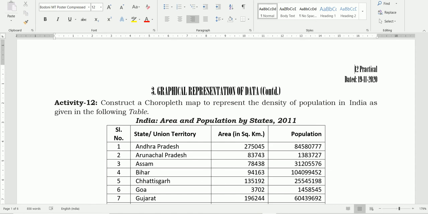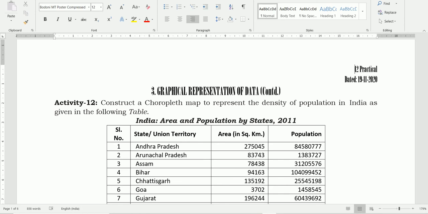That means for depicting the data collected from the administrative units. And these Choropleth maps are used to represent density of population, literacy, growth rates, sex ratio, and so on.